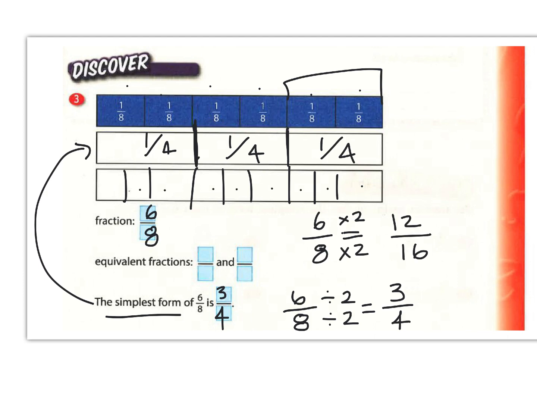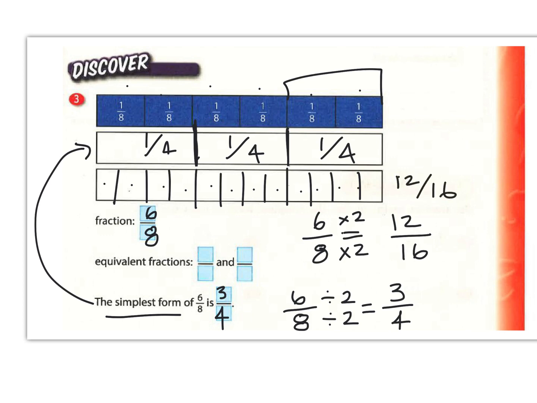We got to make 3, so I got to redo that one. I actually have to make 4 within each fourth. So 1, 2, 3, 4 in each. So now we have 1, 2, 3, 4, 5, 6, 7, 8, 9, 10, 11, 12. So this would be 12 out of 16ths.